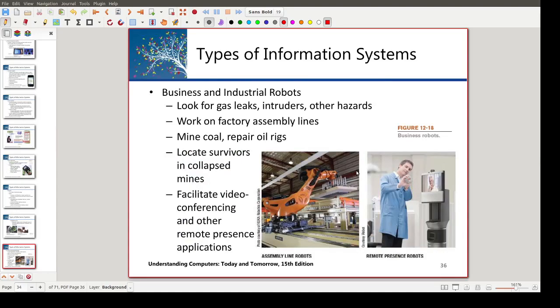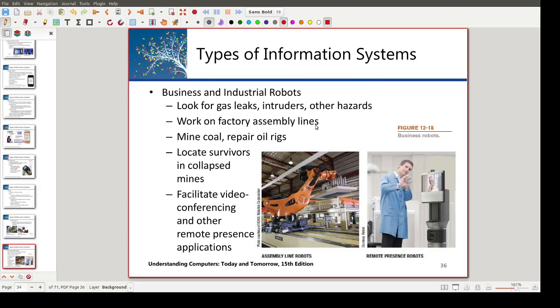The robots can work for industrial and business applications as well, looking for gas leaks, intruders, other hazards, and working on factory assembly lines. This is from a very long time ago actually. Robots also mine coal, repair oil rigs, locate survivors in collapsed mines, and facilitate video conferencing and other remote presence applications.